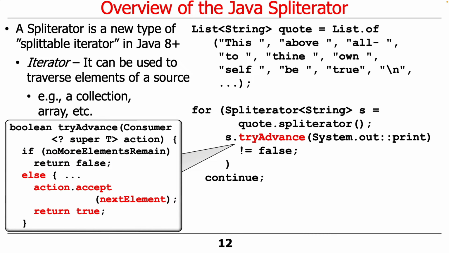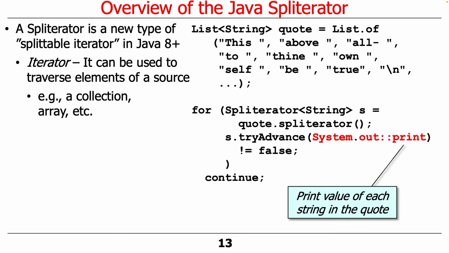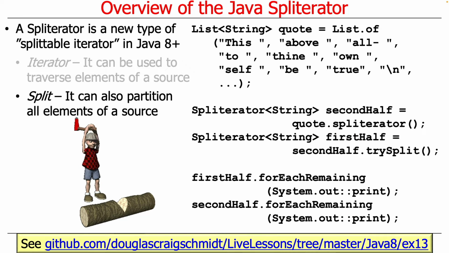Otherwise, you accept the next element in the collection or the source that you're iterating over, or spliterating over, into the consumer using the accept method, which is basically a kind of pass by reference style way of getting the value. And then you return true, saying, we got one, try again, keep going. So in this case, we're going to print out the value of each of the strings in the quote using the print method, which is passed in as System.out::print. So it's a method reference, and that can play the role of a consumer.